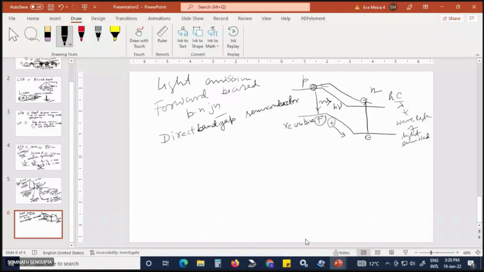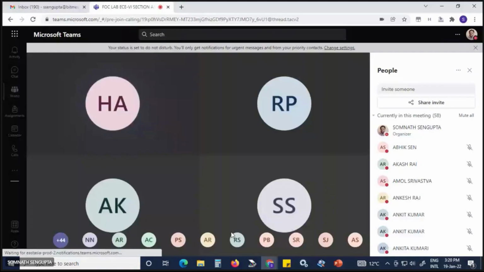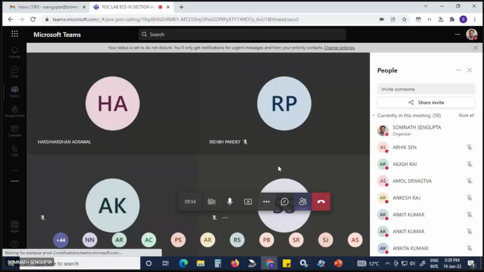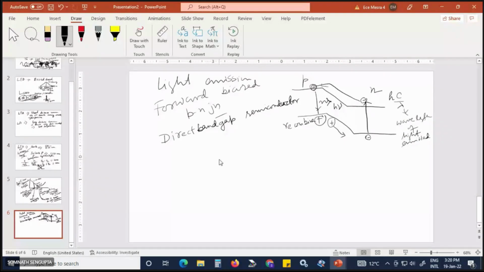Sir, normal PN junction diode. Normal PN junction diode, this is a direct band gap semiconductor. You tell about the material. There are many semiconductor materials like silicon, germanium. Are these direct band gap? No, sir.